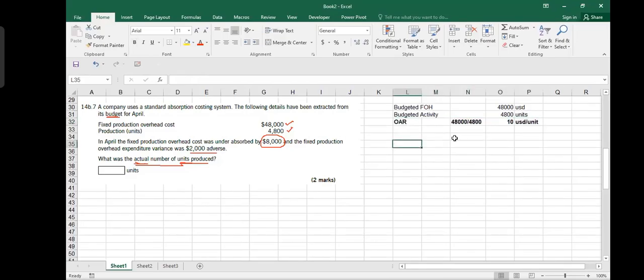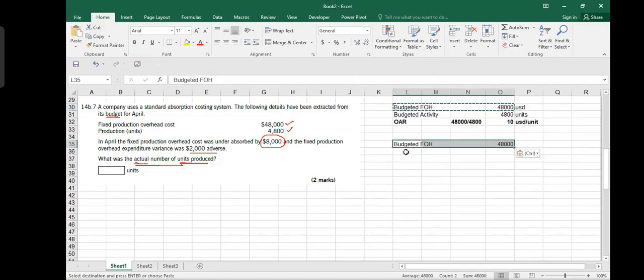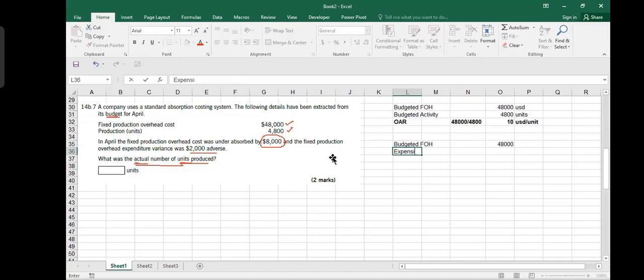Now, our budgeted overheads are 48,000. And it says that the fixed production overhead expenditure variance is 2,000 adverse.